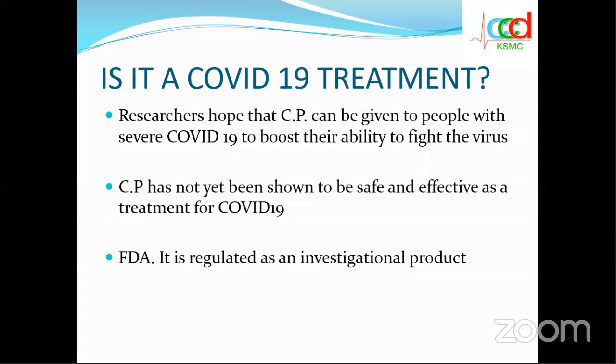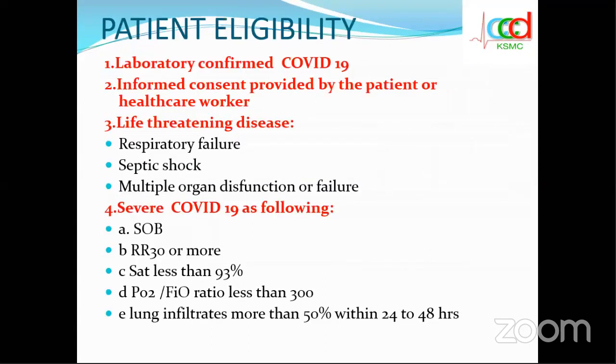So next, who are the patients we can give it to? The most important condition: the patient's laboratory result is supposed to be COVID-19 positive, so confirmed COVID-19. Of course, you have to take consent from the patients, and we will give it to patients with life-threatening disease, respiratory failure, septic shock, multi-organ failure.